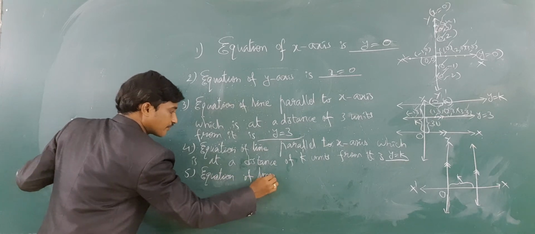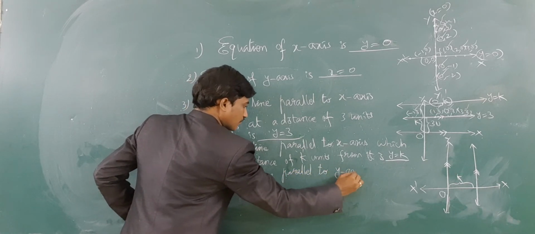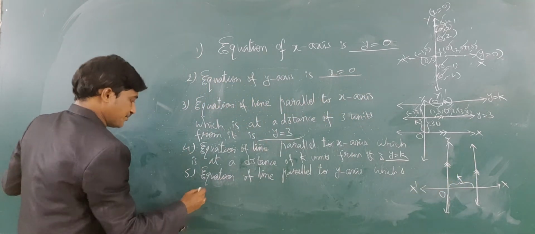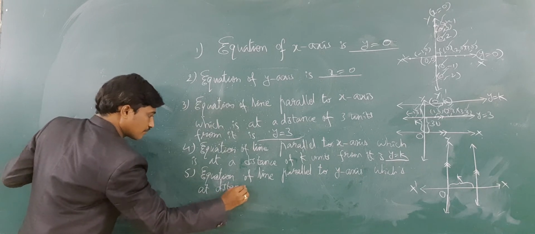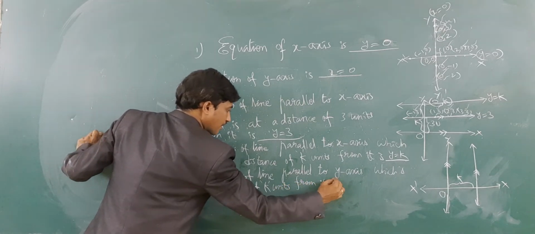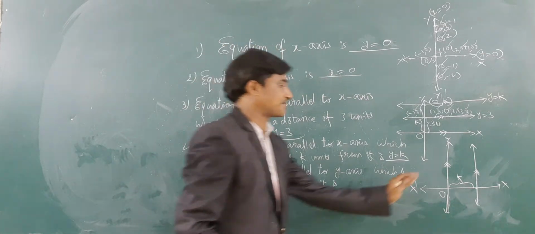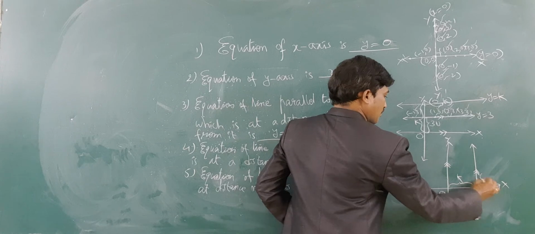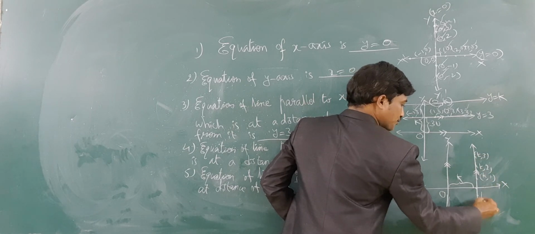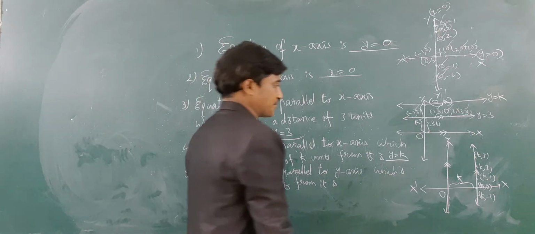As the distance from y-axis to a point is k units, points are like this: (k, 1), (k, 2), (k, 3), (k, -1), (k, 0), so that x-coordinate is k, that is x equal to k.